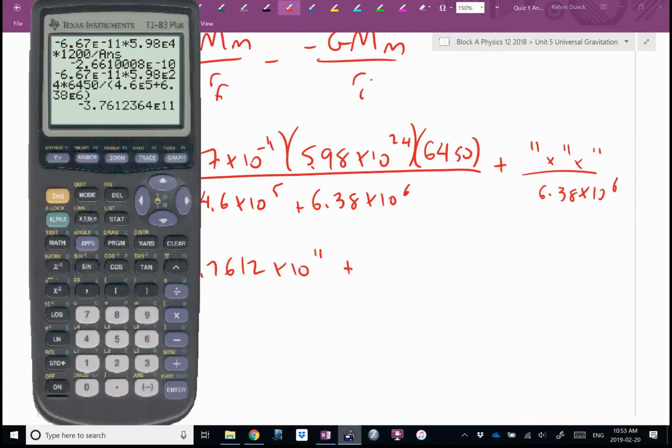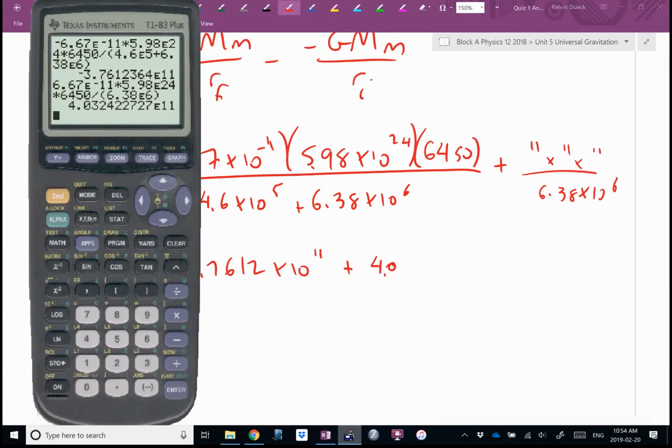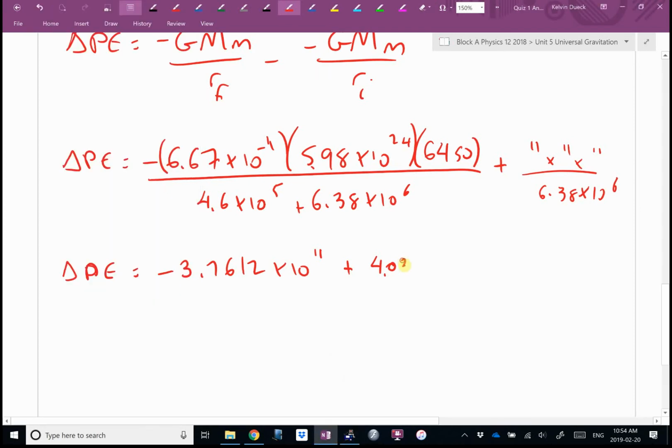Plus. Is that right, Mr. Dueck? That looks okay. And then the initial, I lose the negative. And I lose this. I get positive 4.0324 times 10 to the 11th.